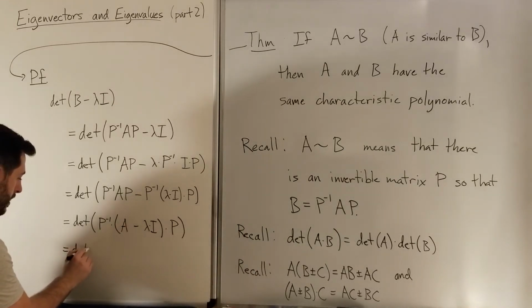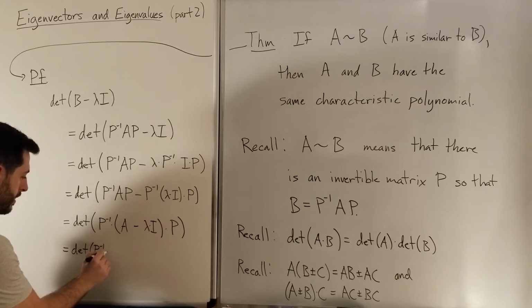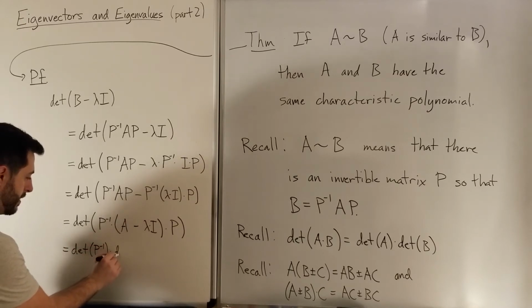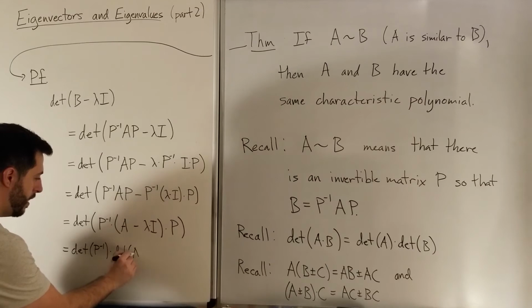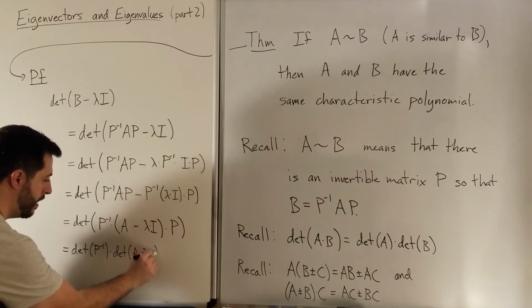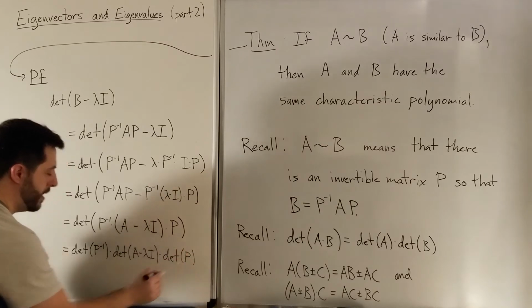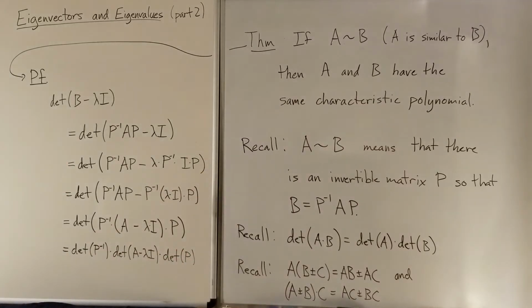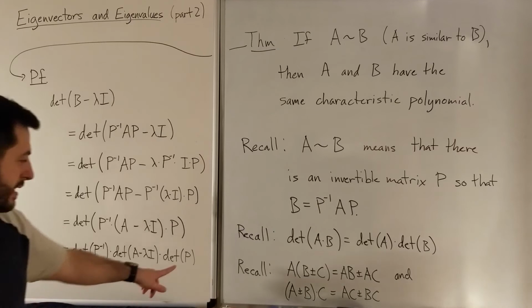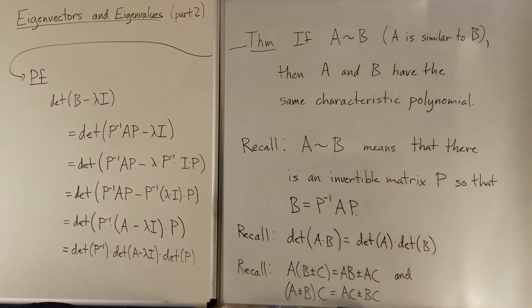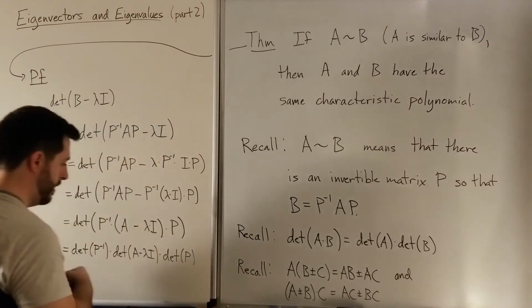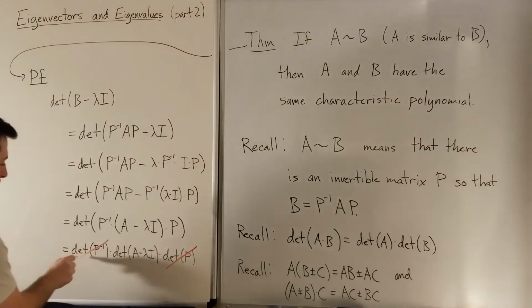So this is the determinant of P inverse times the determinant of A minus lambda I times the determinant of P. Now one more property of determinants that we need is that the determinant of P inverse is the multiplicative inverse of the determinant of P. In other words, these two things cancel.